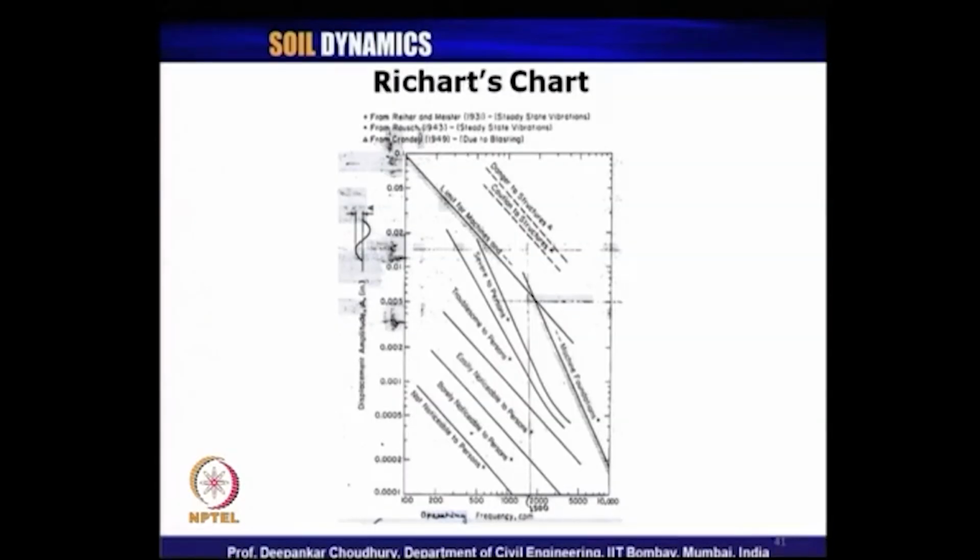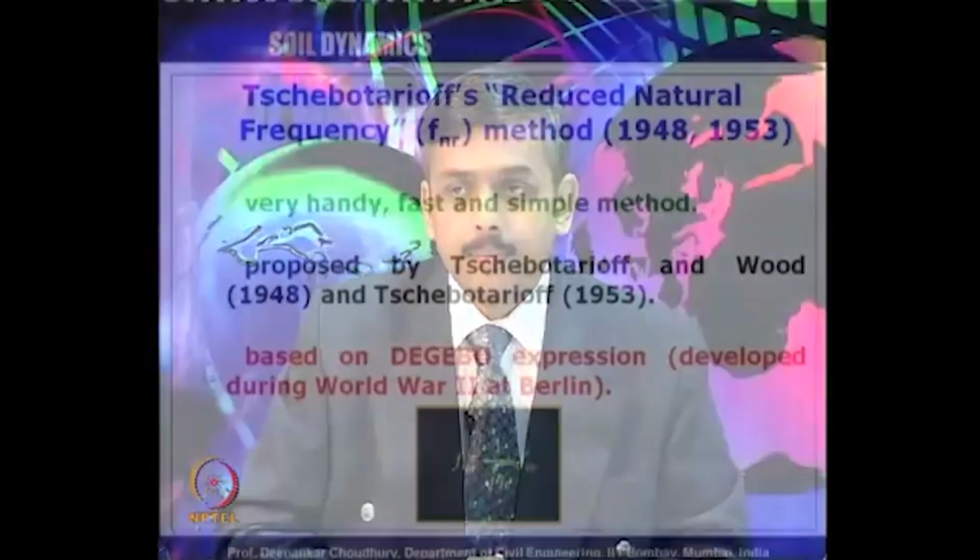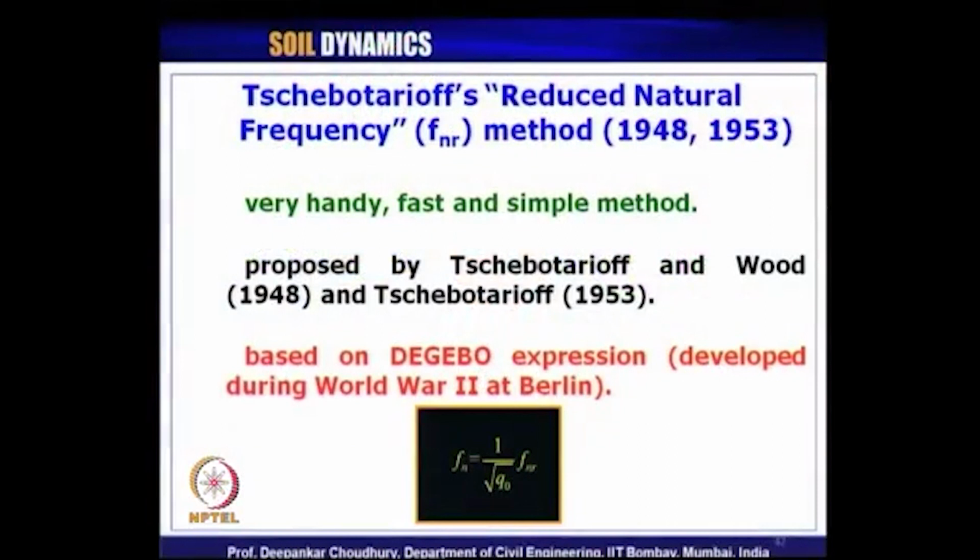Okay. So, now let us discuss those three major methods for design and analysis of machine foundation. Let us start with the third method first, that is Shobeteriev's reduced natural frequency method. It was initially developed in 1948 and finally modified and proposed in 1953. What are the major characteristics of this method?